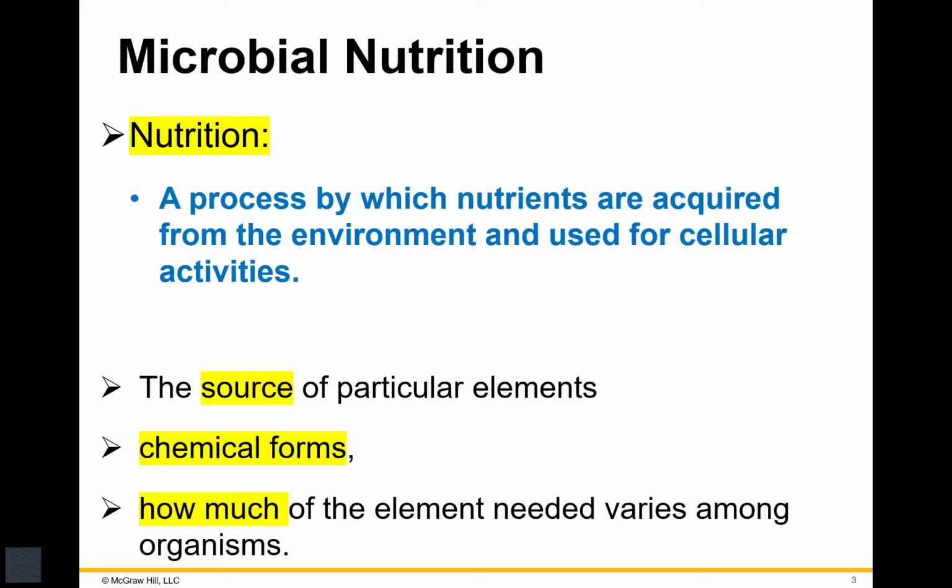These nutrients are obtained in chemical forms, and they come in variations depending on the type of microorganism. So how much of an element is needed by E. coli may vary from how much may be needed by Staphylococcus aureus.